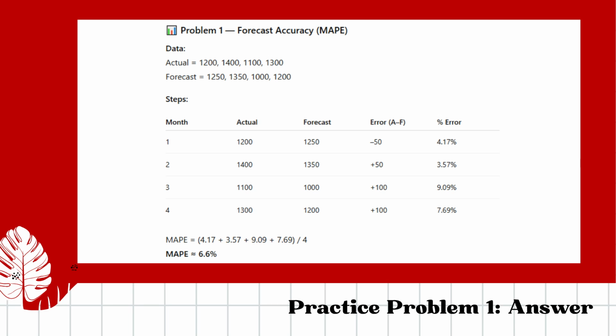Then, we divide each absolute error by the actual demand to find the percentage error for that month. Finally, we take the average of those percentages. After running the numbers, we find that the average forecast error, or MAPE, is about 6.6%. That means, on average, the forecasts were off by roughly 7%, a fairly reasonable accuracy for short-term planning.